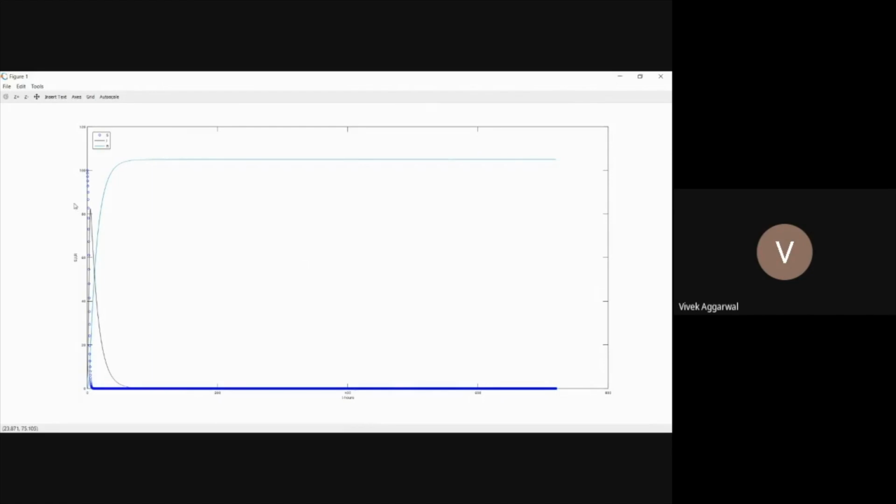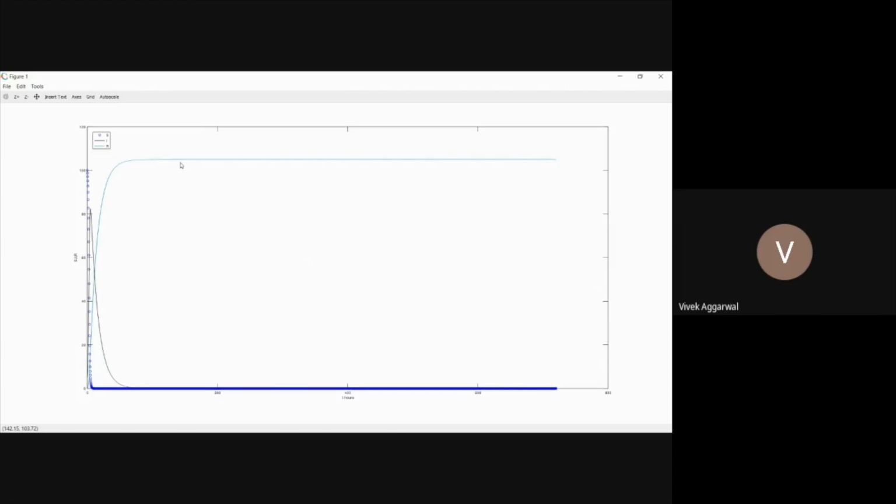But here you can see that this blue circle is the susceptible, so it is going down very fast, and then the black color is infected, and the light blue is recovered. So this is the figure for different values.